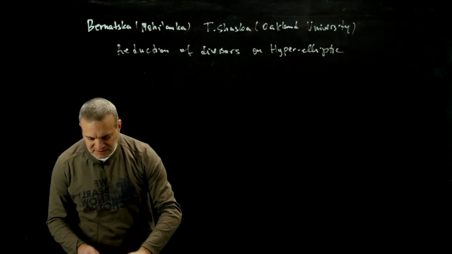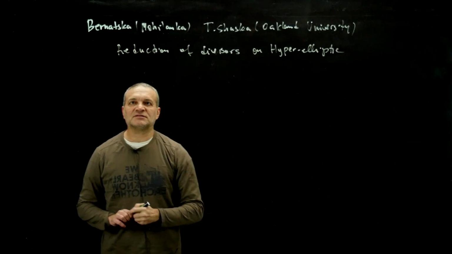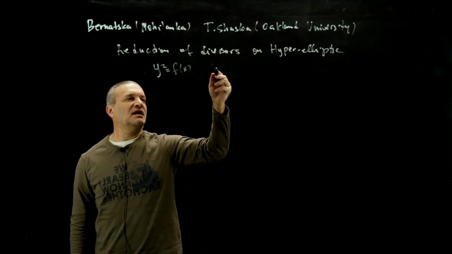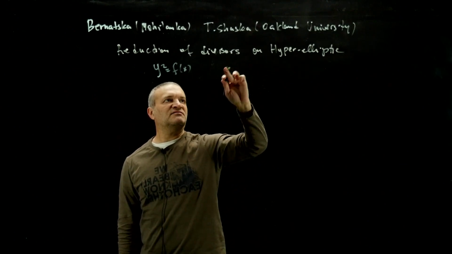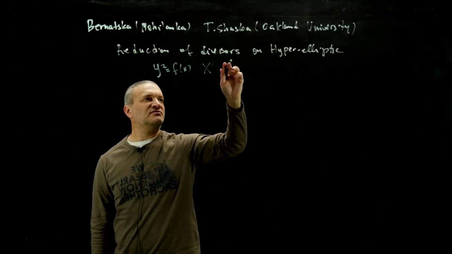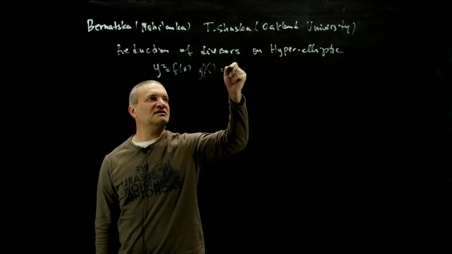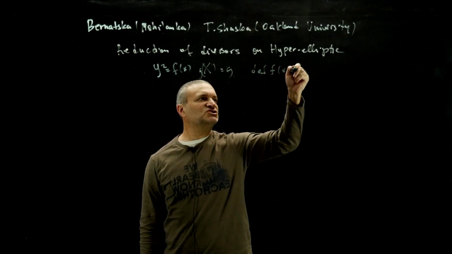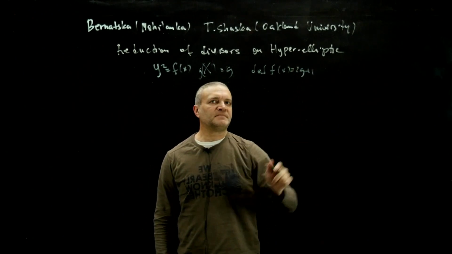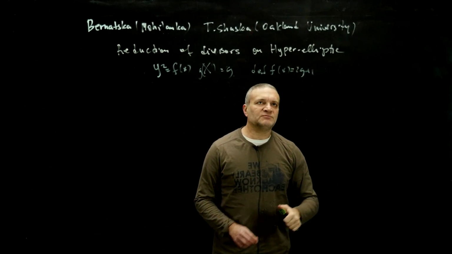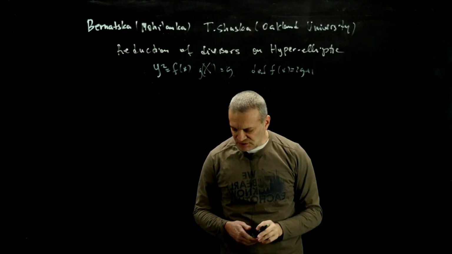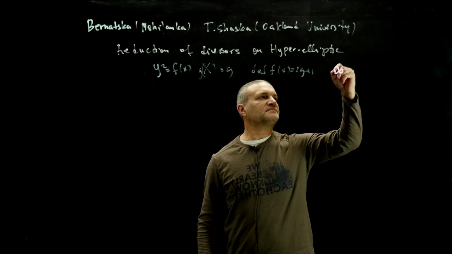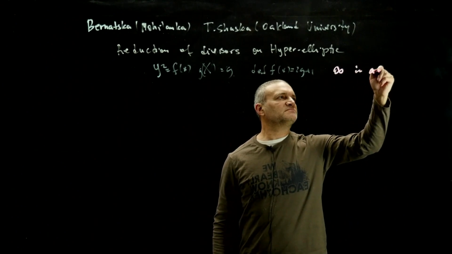So basically, a hyperelliptic curve is given by this equation, and if the genus of this curve is g, we know that the degree of f(x) will be 2g plus 1. And we also know that infinity is a ramification point.